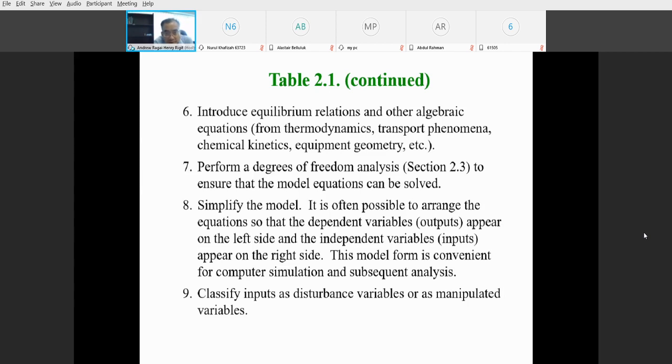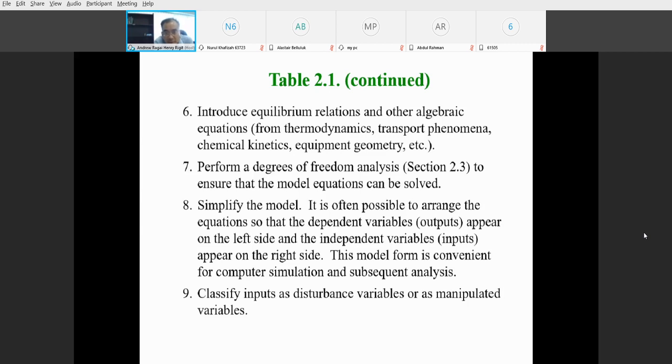Chemical kinetics as well as the equipment geometry. And from there, we perform a degrees of freedom analysis to ensure that the model equations can be solved, in the x direction, y direction, z direction, etc. And number 8, we need to simplify the model.